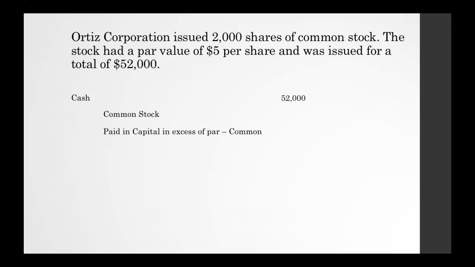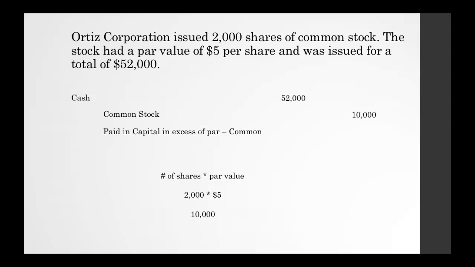Cash, that's the amount of money that we got. That's our $52,000. Common stock is going to be valued at par value. So we take our number of shares that we issued, multiply it by our par value. So 2,000 shares times $5. So we'll credit our common stock for that 10,000.